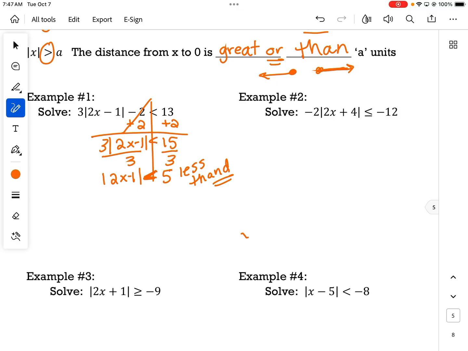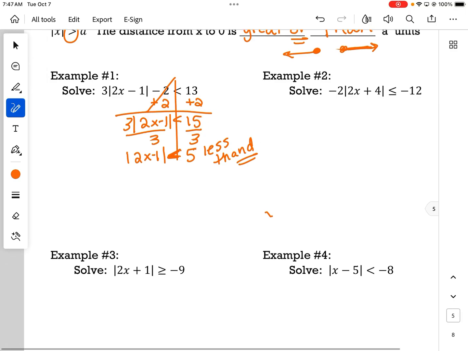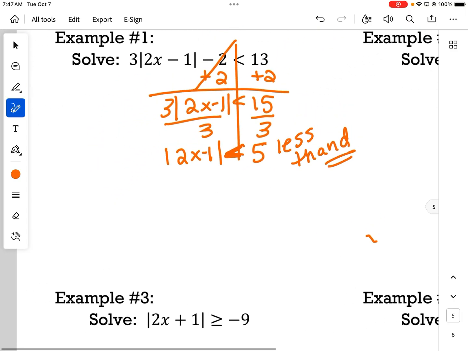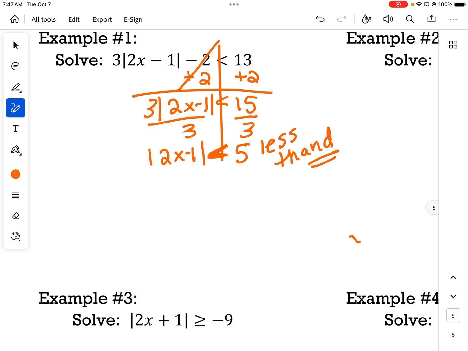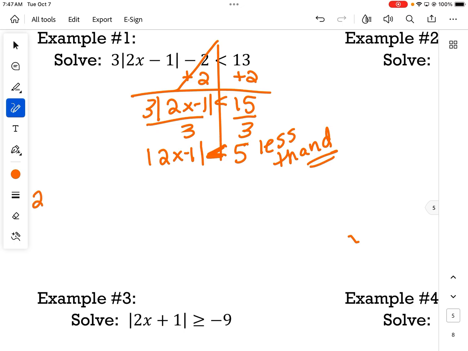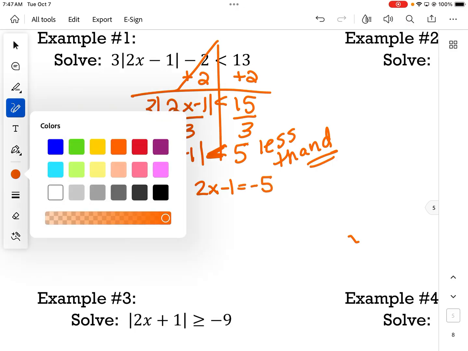So we're going to shade between. So between what? Well, we've got to find that. Remember how we solved absolute value? We wrote 2 equations. So our 2 equations are going to be 2x minus 1 equals 5 and 2x minus 1 equals negative 5.